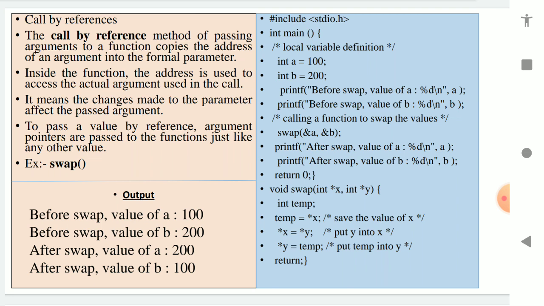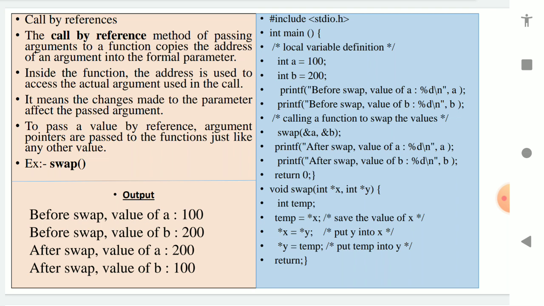It means the changes made to the parameter affect the passed argument. To pass a value by reference, argument pointers are passed to the function just like any other value. For example, swap.